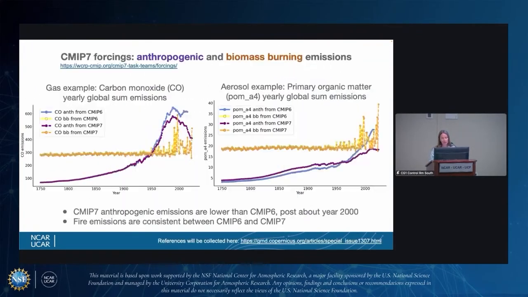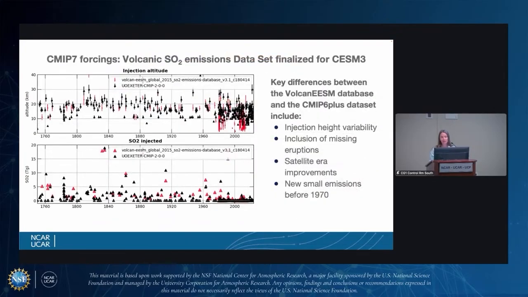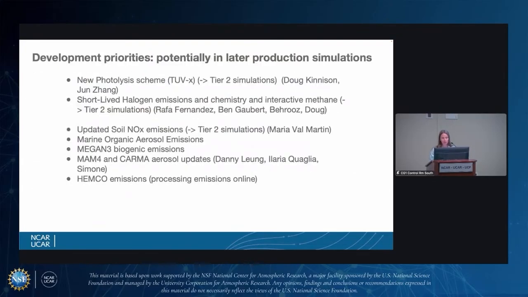However, our development really, if possible, continues, and we're hoping to put some of the new developments in a new model version. So one thing is definitely the TOVX scheme that is in progress. And then, as we said, the short-lived halogens and the interactive methane. The other thing is also the interactive fires, and I talked to Dave Florian, so maybe that will be some focus we want to look into.